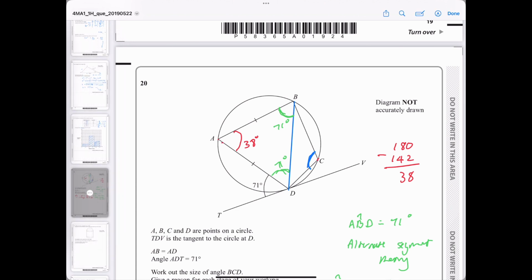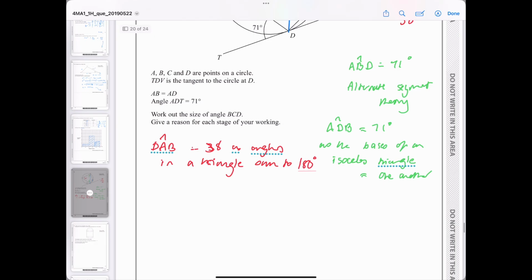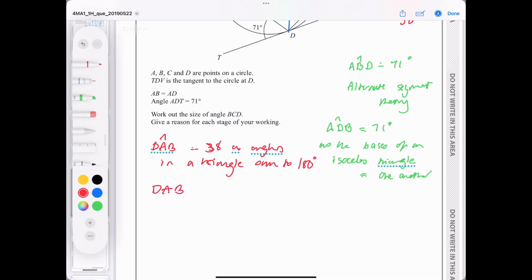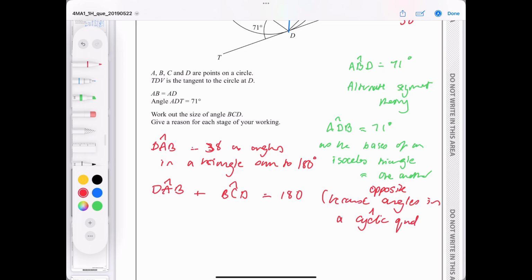So BAD plus BCD equals 180, because opposite angles in a cyclic quadrilateral add to 180.